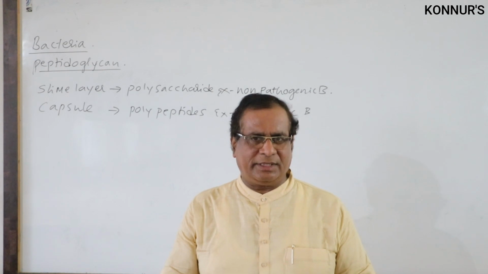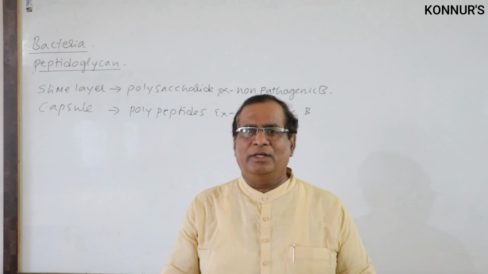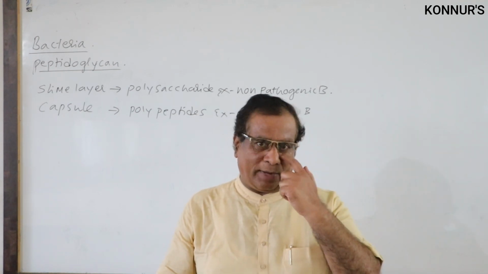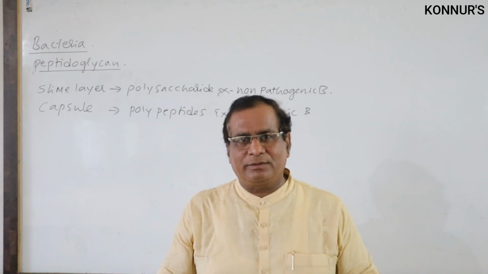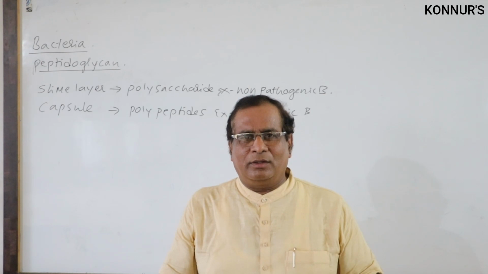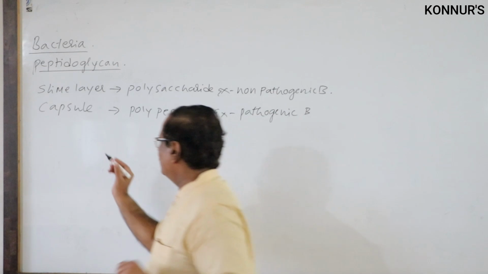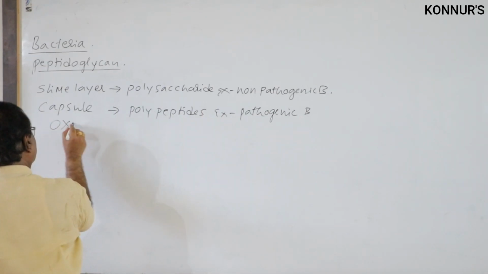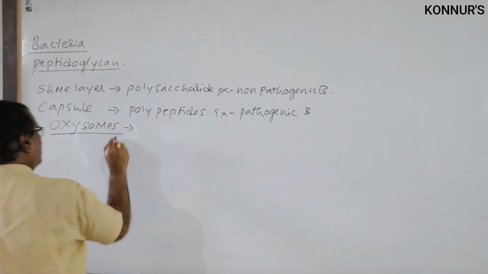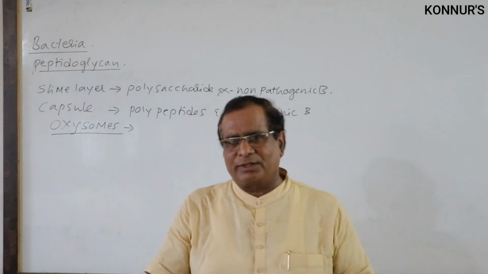And one more interesting thing about the bacterial cell is that even in the plasma membrane layer, we do find oxysomes. They may ask the question in NEET: the respiratory structures in bacteria are oxysomes. Oxysomes are the respiratory structures.